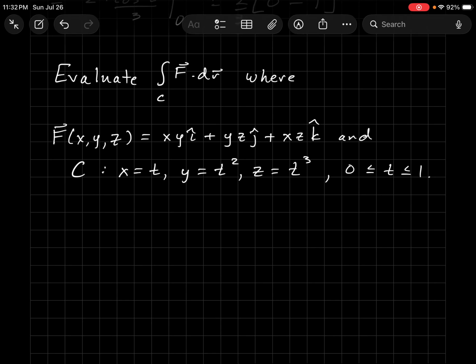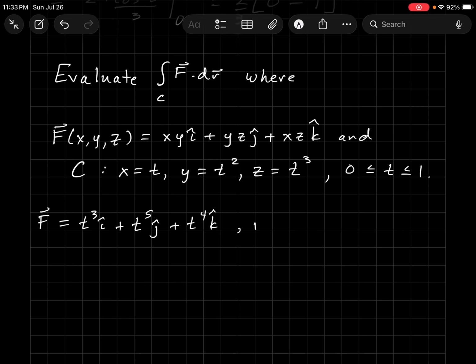All right, well, let's parameterize everything. We will write F as x times y, so t cubed i, plus y times z, so t to the 5th j, plus x times z, so t to the 4th k.